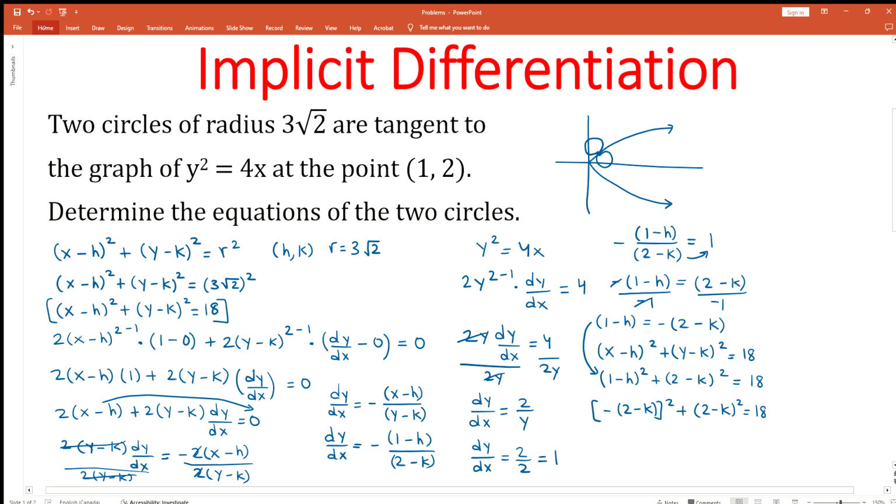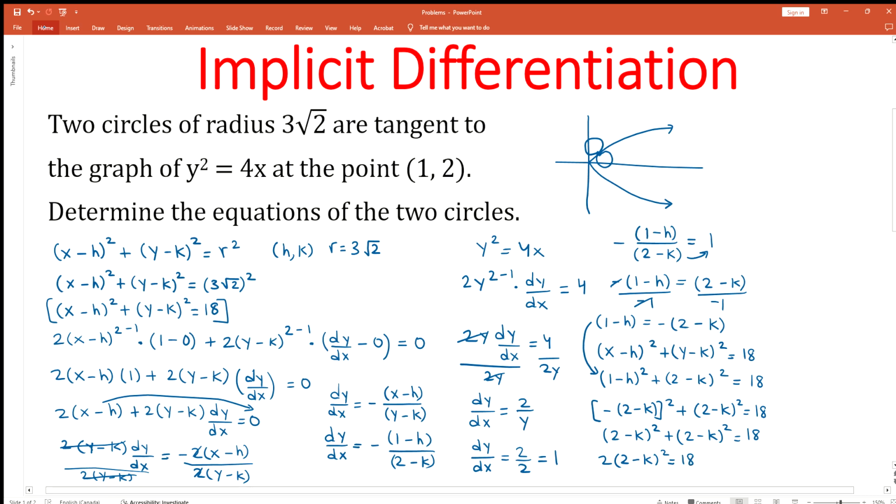Square of negative is positive. Two minus k square plus 2 minus k square is equal to 2 times 2 minus k square.